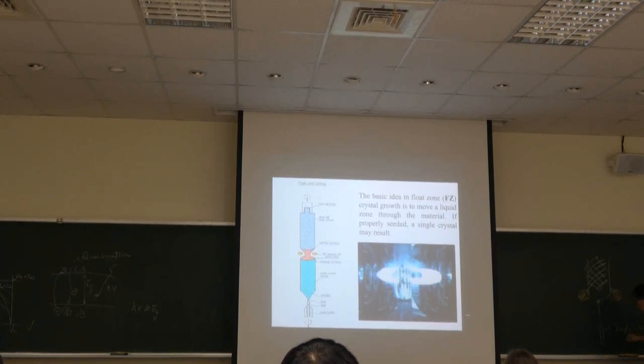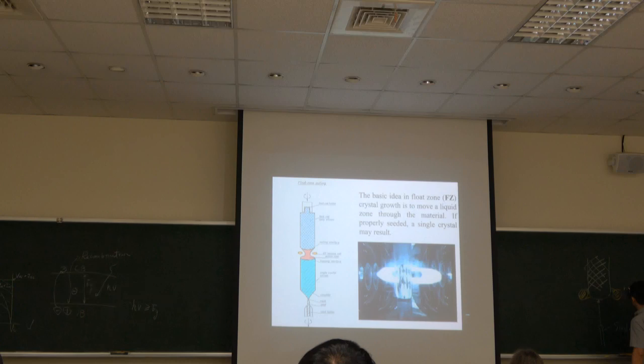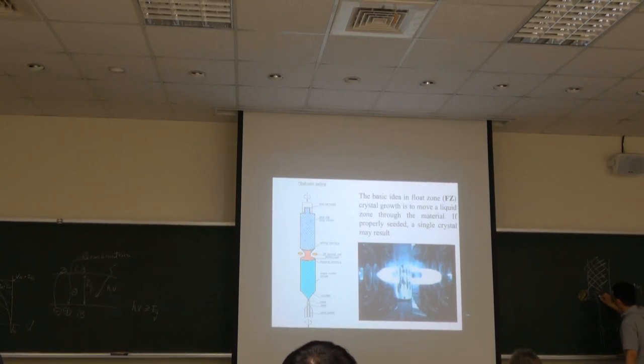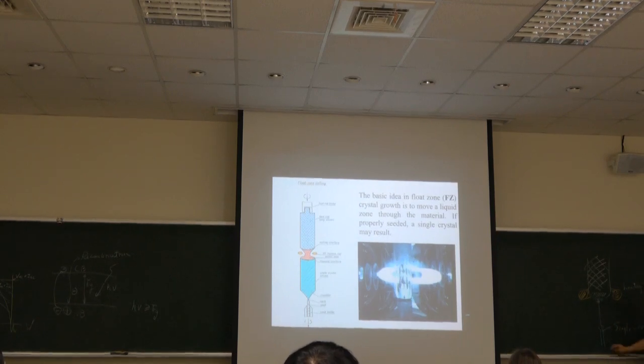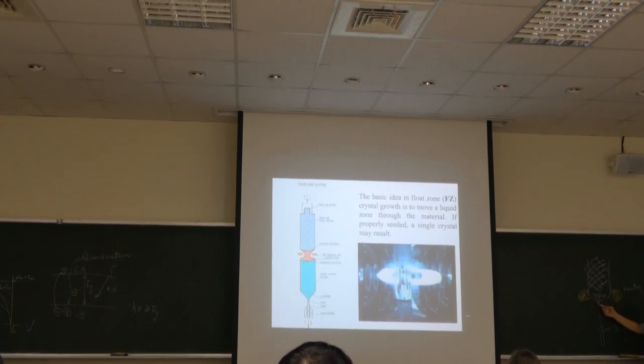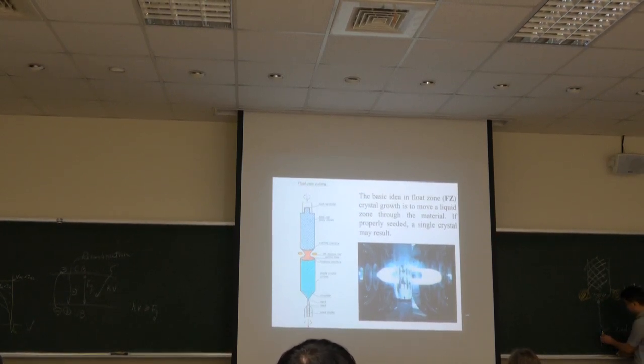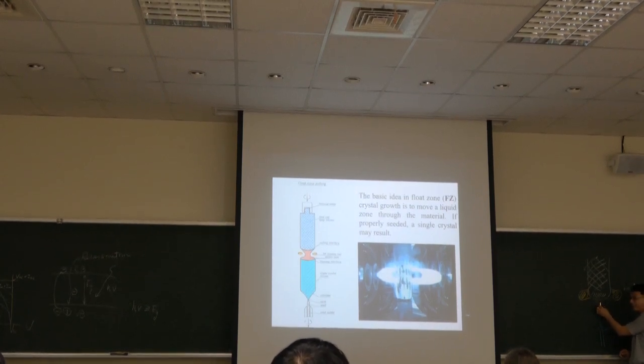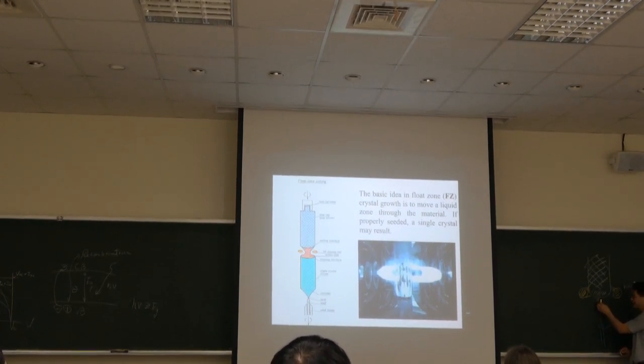And then this coil increases the temperature, heating to the molten state, to become a molten state, just only this area. So this seed progressively touches the molten state of the silicon, and then there's a solid and liquid interface, right?